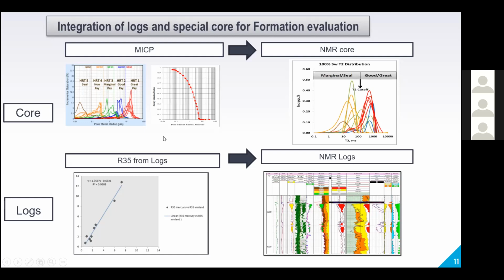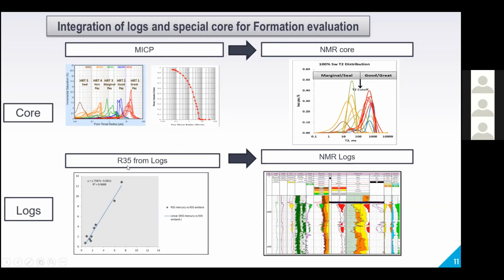Some empirical models mention that when a pore throat is filled with 35% mercury saturation, these pore throats represent the reservoir quality, and it's called R35. So Winland in 1992 made an empirical relation, but only in intergranular and interparticle sandstones and limestones, to obtain R35 based on porosity and permeability.